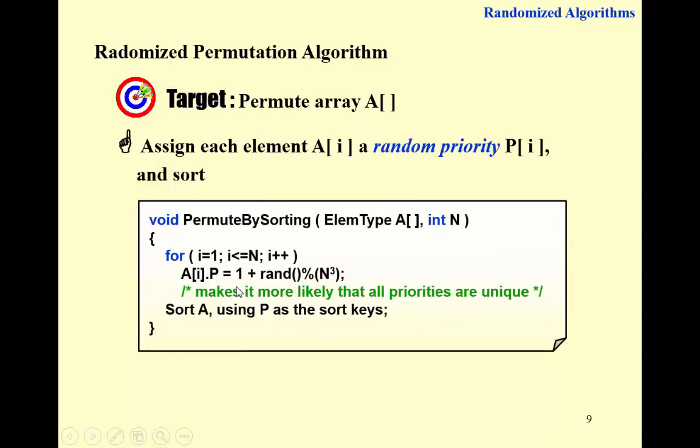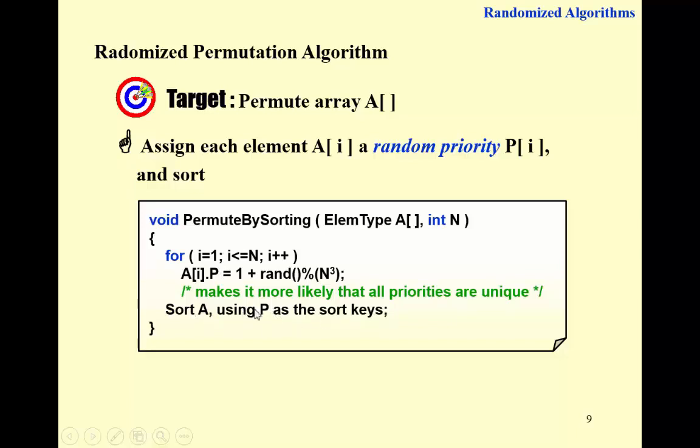Quite straightforward, right? We just randomly generate a number as the priority. Besides this random number, we mod it by n cubed here to make it more likely that all priorities are unique. And that's very important. Okay, after generating the priorities, we just sort A using P as the sort keys.